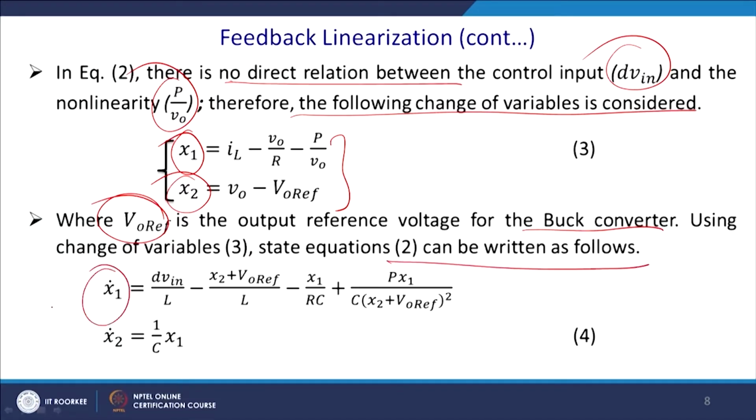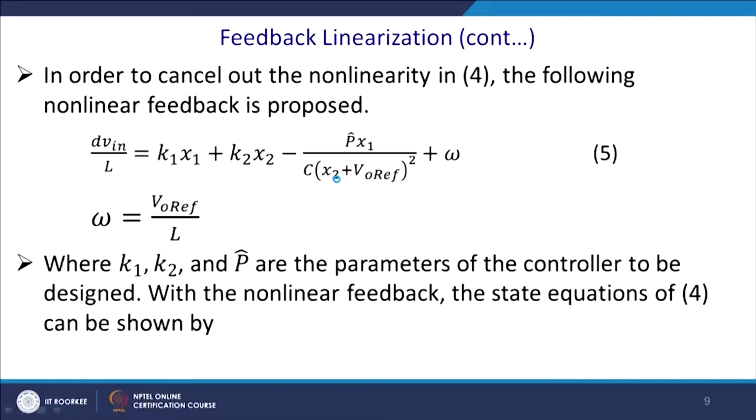So, x 1 dot becomes V in by L, minus x 2 plus V 0 ref by L, minus x 1 by R C, minus P x 1 by C into (x 2 plus V 0 ref), and x 2 dot equal to 1 by C into x 1. So, you have chosen the states in such a way that you form again a state space equation, but in a nonlinear way.